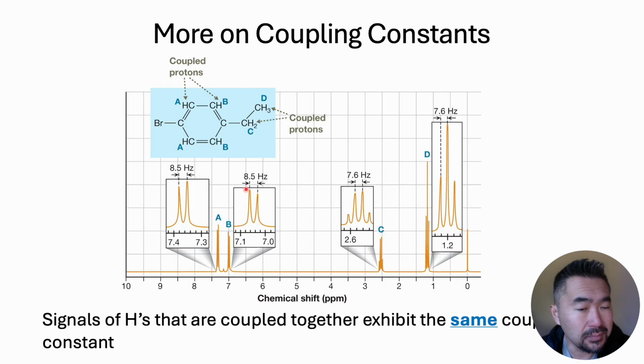Notice that distance is exactly the same for both of these A and B signals, because they're coupled to each other. Same with C and D. There's 7.6 Hertz distance between these two, these two, and these two, same with these two and these two. That's the coupling constant, or how far it's split.